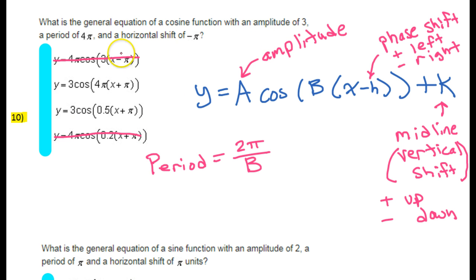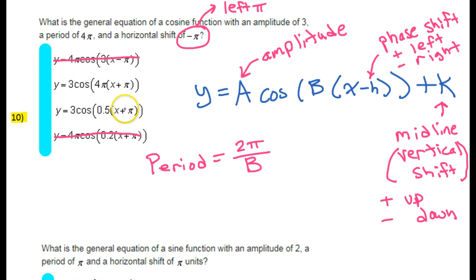Okay, I can probably narrow it down the rest of the way. Well, you know what, I could use either one of these things. Let's look at this. If the phase shift is going to be negative pi, which is another way of saying left pi, that means we need plus pi on the inside.